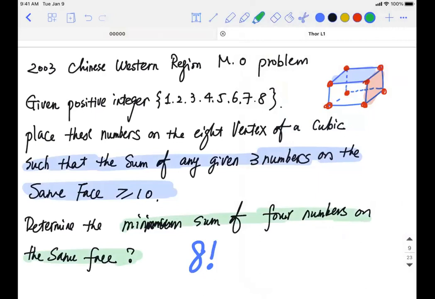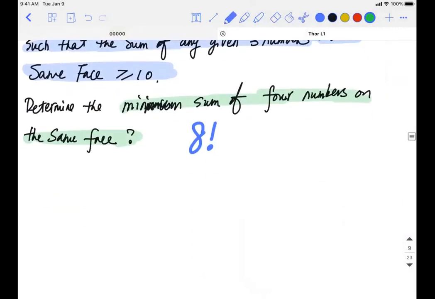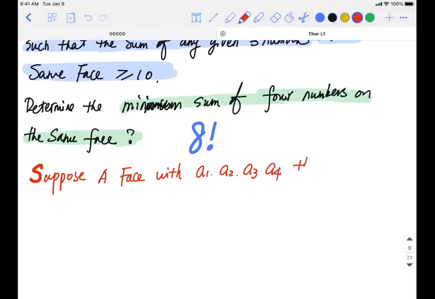So let's try such an interesting assumption. Suppose I have already found a face with numbers A1, A2, A3, A4 that reach the minimum sum. I don't know where they are, but let's say I find a face.